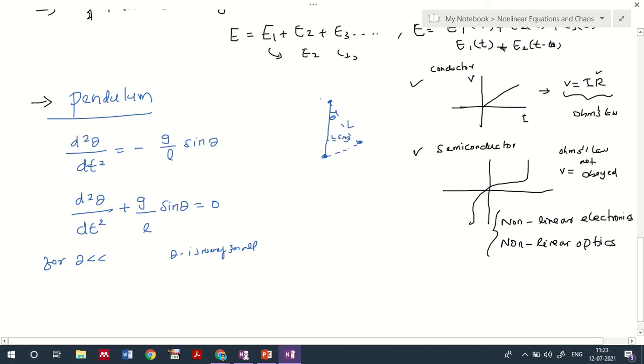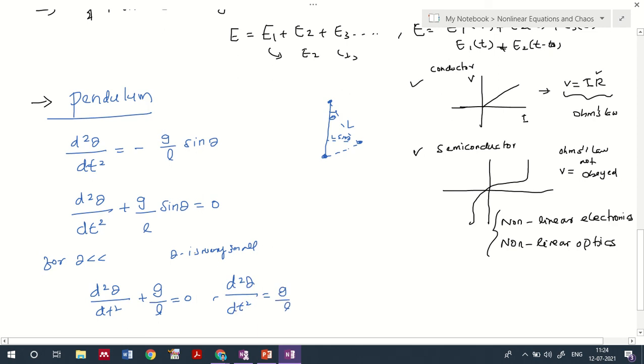If theta is very small, this will be a linear equation because there will be no dependency on sine theta. So d square theta by dt square equals g by l theta, or d square theta by dt square plus g by l theta equal to 0.